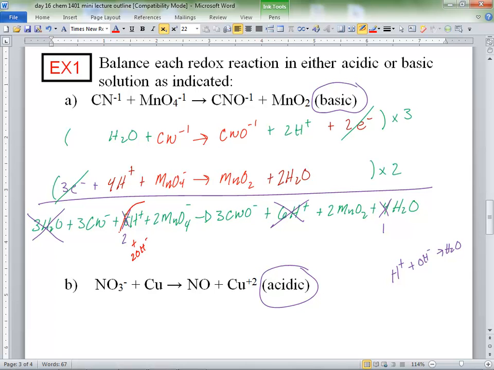I'm going to circle it. And then I'm going to cross it out because it doesn't exist, and just write 2 H2Os next to it. So I just converted all my H pluses to water by adding 2 OH minuses. But if I added 2 OH minuses to the reactant side, hadn't I better add it over there too? Right?